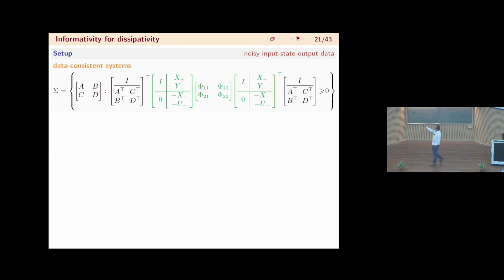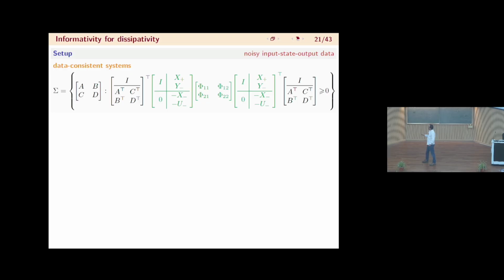And you see this time, not only do I have input and state, but also the output measurements. These are just algebraic manipulations, just a little bit different than what we have done so far, but essentially the main principle is the same.